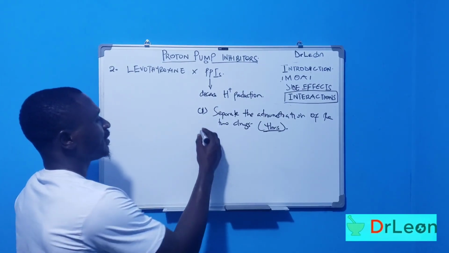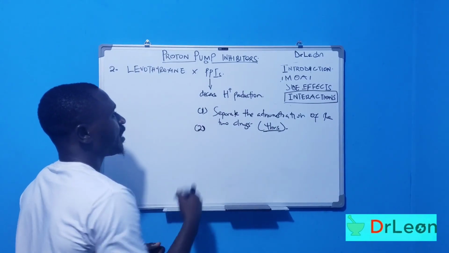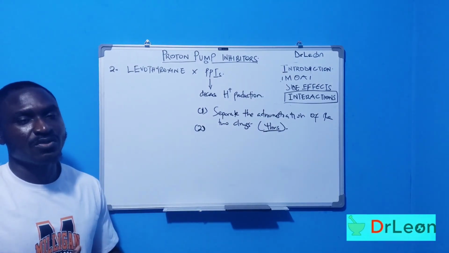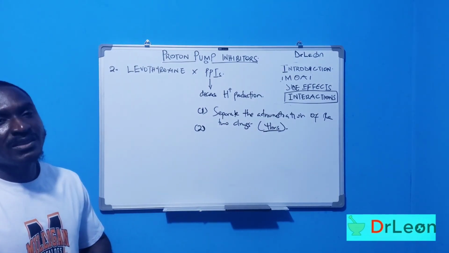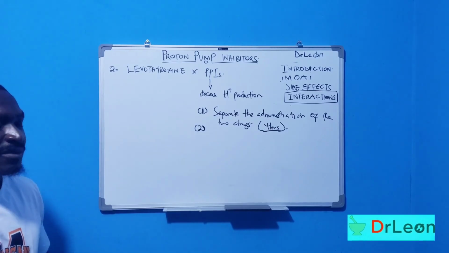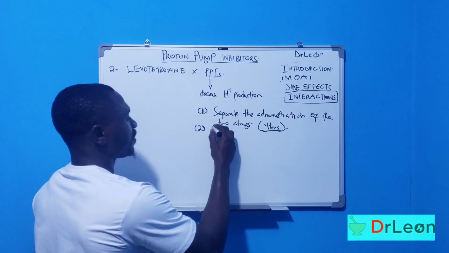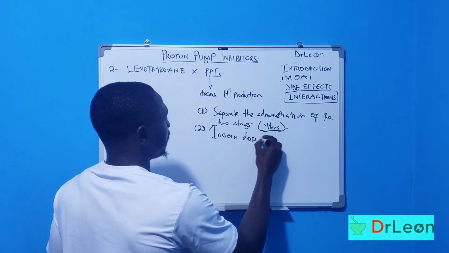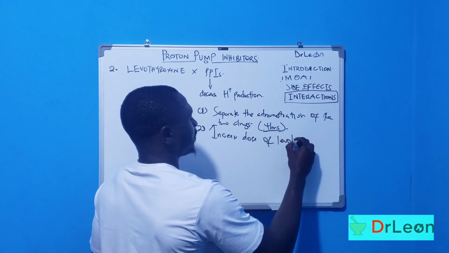One of the ways you can also help to increase the bioavailability, or increase the amount of levothyroxine in the systemic circulation, is to increase the dose of the levothyroxine.